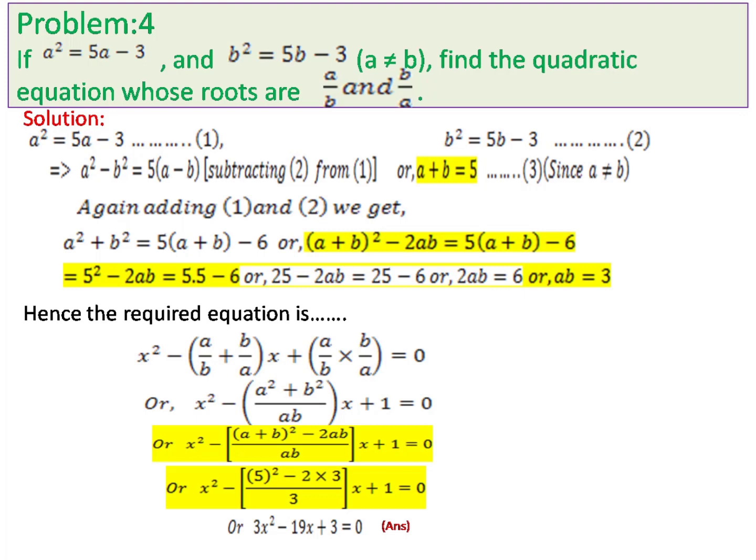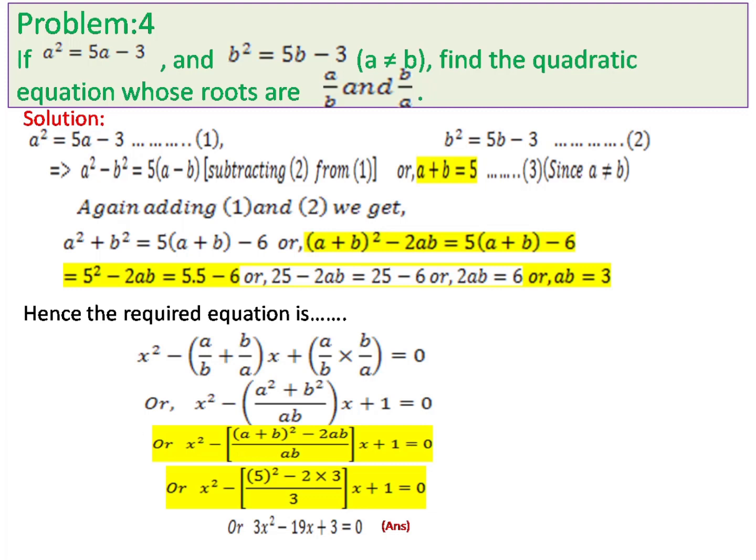For the solution, we have to subtract 2 from 1, and it will give a square minus b square equals 5 into a minus b, where minus 3 are cancelled to each other, and from this we can have a plus b equals 5. We take this equation as 3.